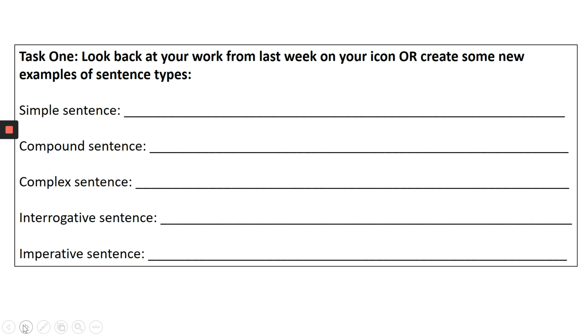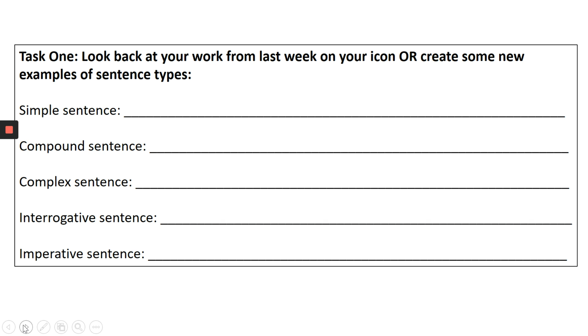Moving on then. Task 1 asks you to look back at your wonderful work last week from your icons. Now, I saw some really good examples from last week's work, so I think that's really good. Many of you did start to contain a range of sentence types already, but this is something that we really do need to look at and consciously craft during this session.